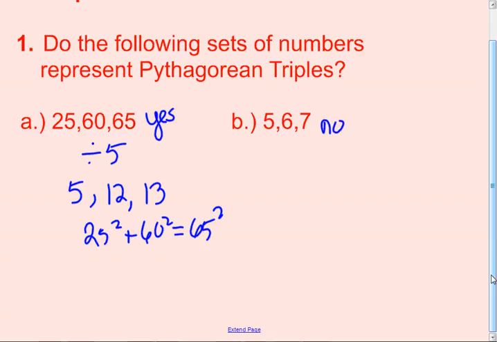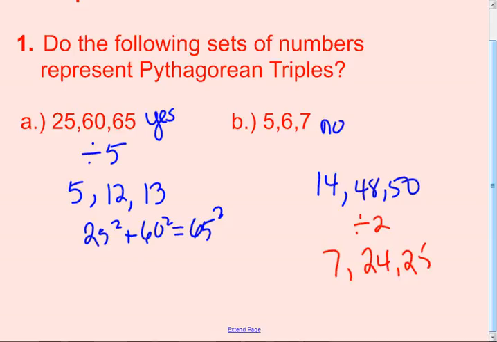So if I did 14, 48, and 50, is that a Pythagorean triple? Well, divide by what? 2. So I get 7, 24, 25. Once you have two of the numbers on any right triangle, you always know the third.